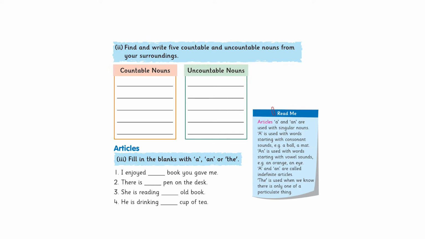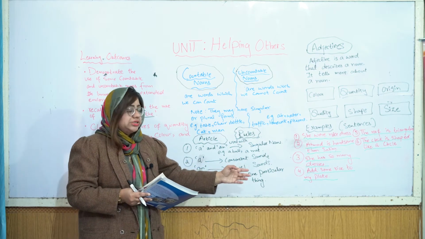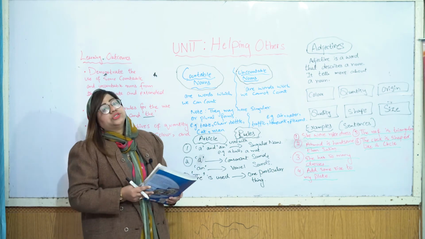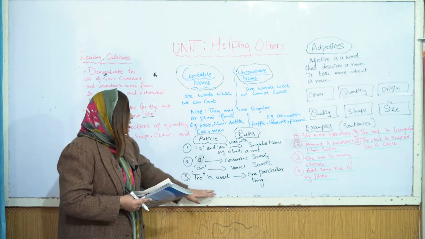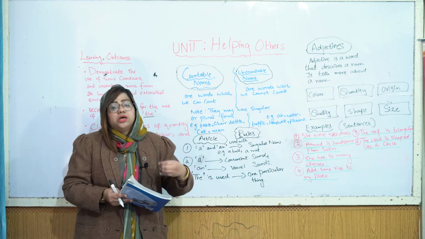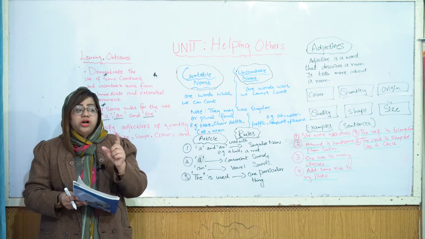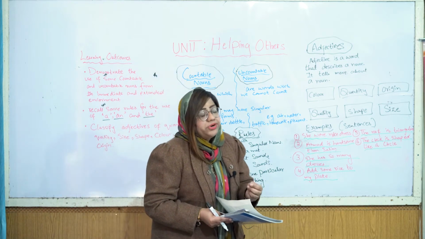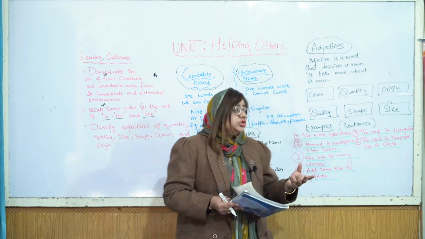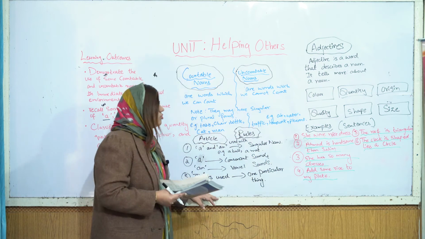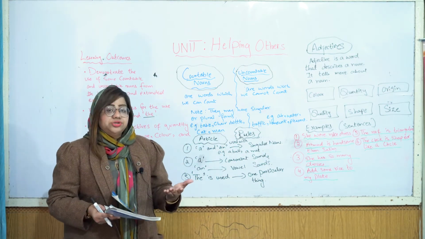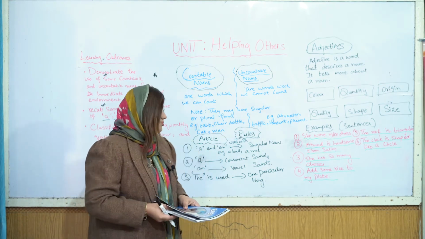These are called indefinite articles. Now when is the used? The is used when you are talking about one particular thing, one particular person. So these are the common rules for articles.